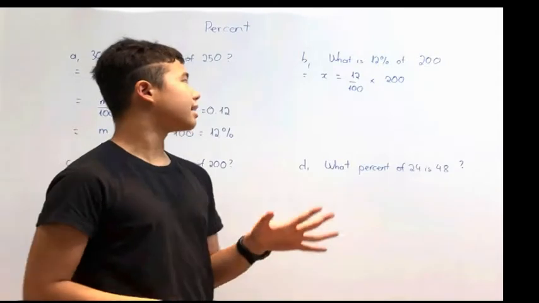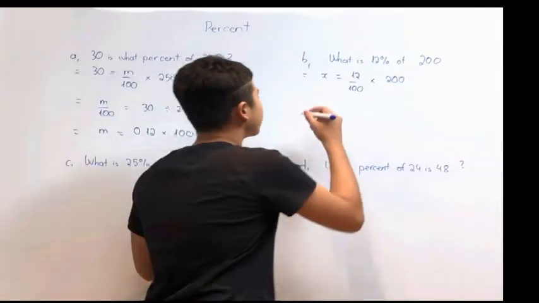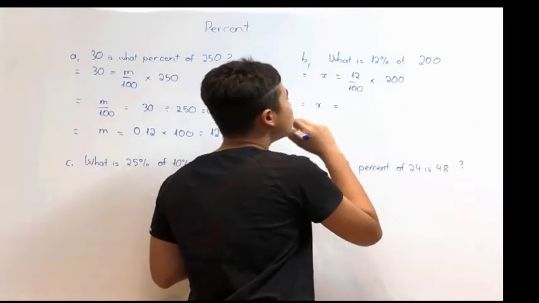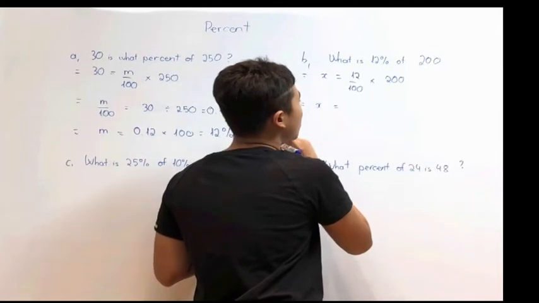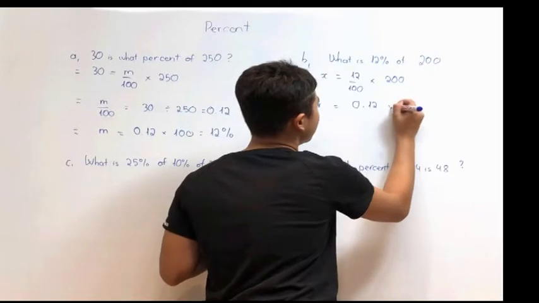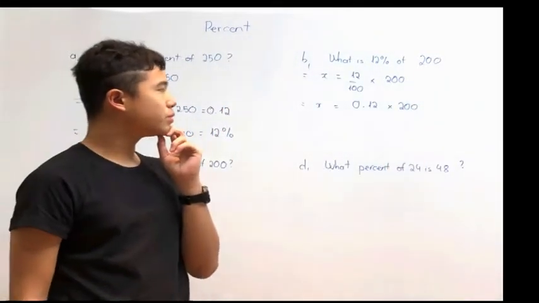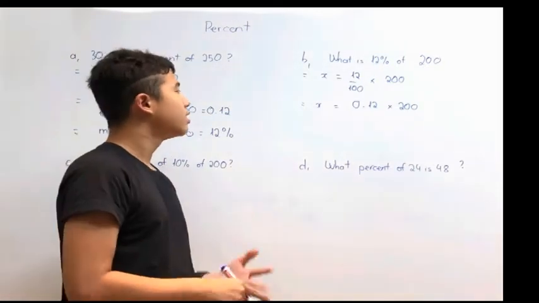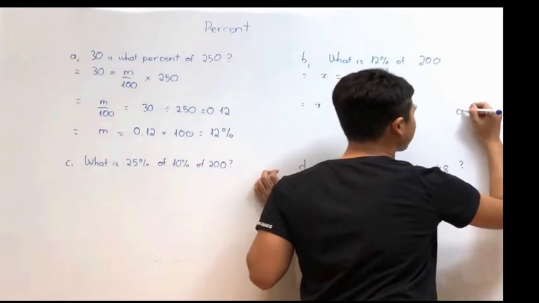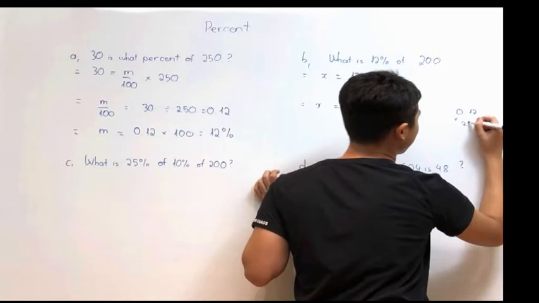So basically they ask us to find x. So x is equal to 0.12 times 200. Let me show you how to calculate it. Times 200.